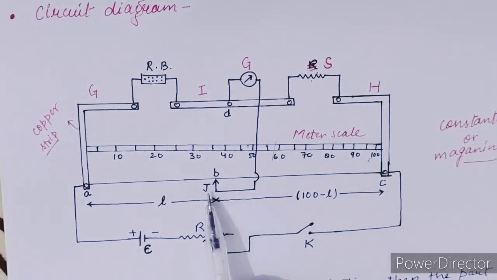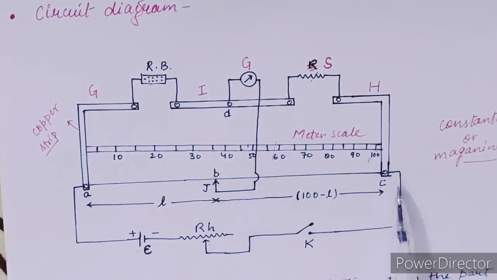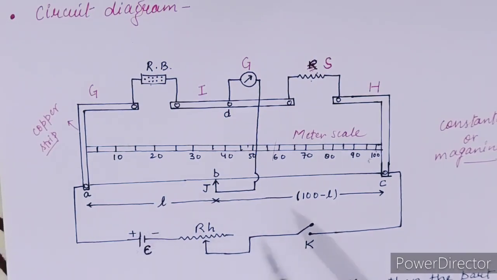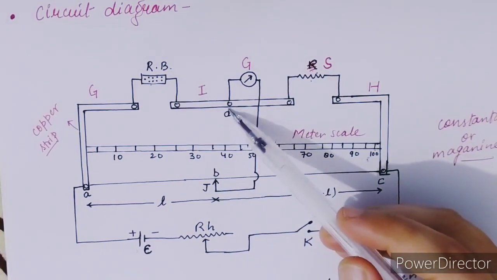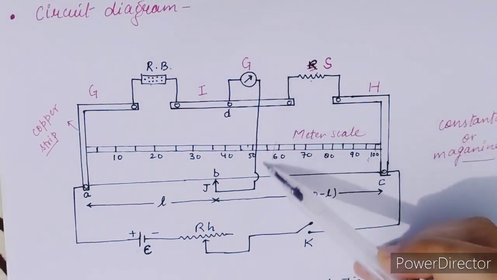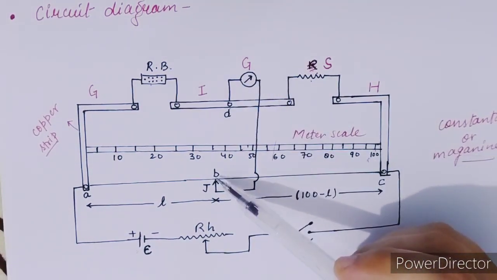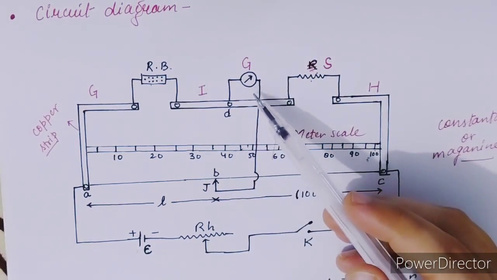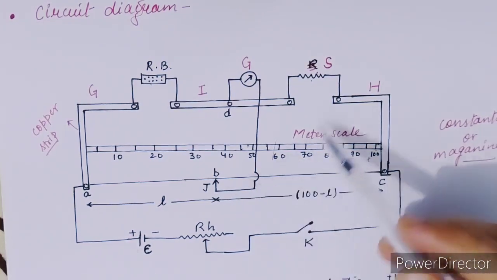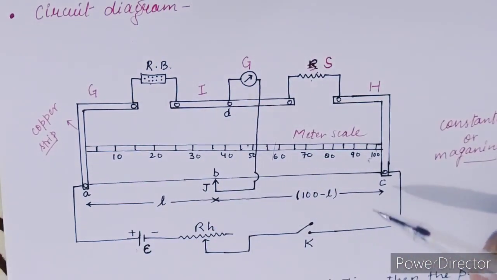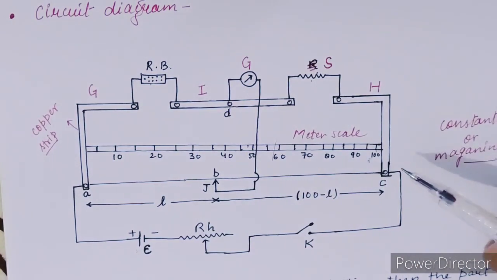Now between A and C, one Leclanche cell, one rheostat and one key have been connected. Clear? Between D and B, where we acquire the balance condition, a galvanometer and a jockey have been connected. So this is the entire setup, similar to your Wheatstone bridge.